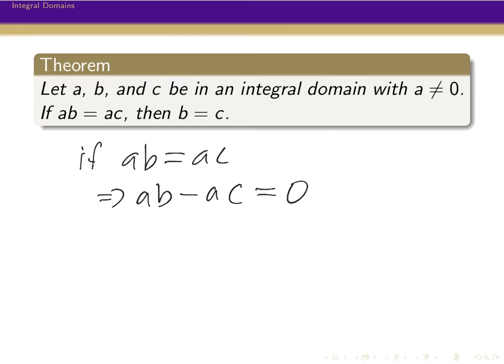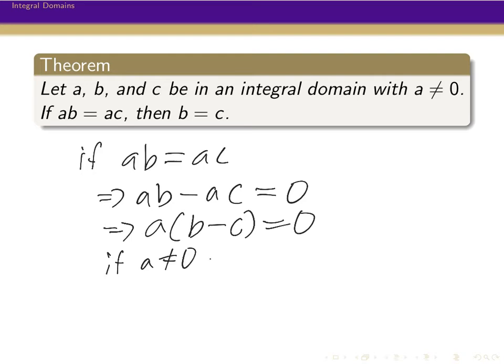And then we can use the distributive property and the basic properties of rings that we saw before, and we can factor the A out and get that A times (B minus C) is equal to 0. And so we have the product of two things equal to 0. And if A is non-zero, the only possibility then is that B minus C is equal to 0, which then means that B is equal to C. Okay, and so this is the proof of this.